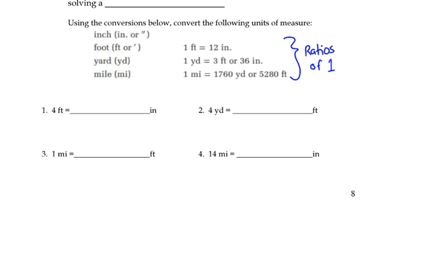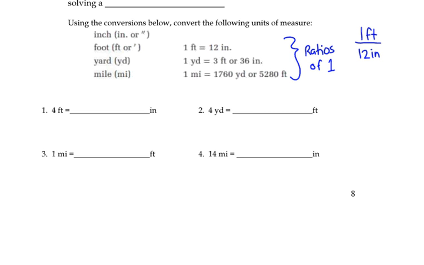So why is 1 foot over 12 inches a ratio of 1? Because they equal each other. Yeah, they're equivalent to each other. And anything divided by something that's the same as it is equal to 1. So these are ratios of 1, equivalent ratios. I'm going to show you a method that you're going to use in Science 10.